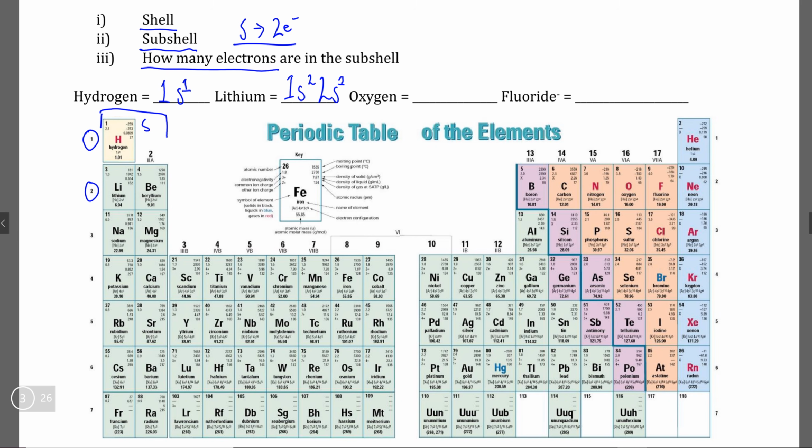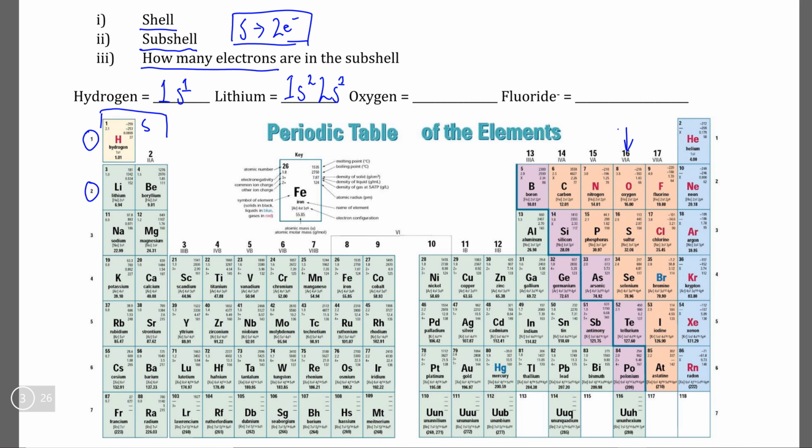So again, we know that lithium has 3 electrons. 2 of those electrons are at energy level 1, and in the S subshell at energy level 1, but because an S subshell can only hold 2 electrons, we need to add a second S subshell on top of that at energy level 2, which has 1 electron.